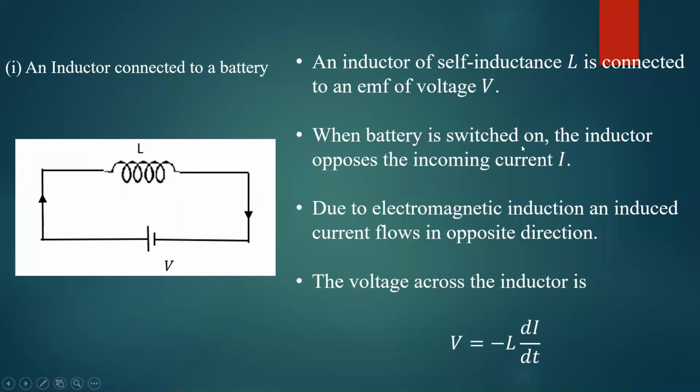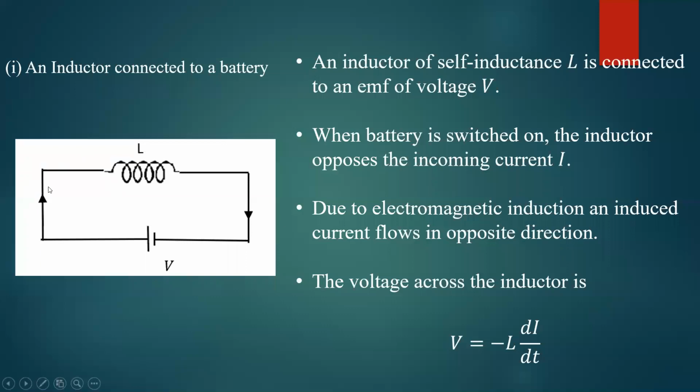So when the battery is switched on, the inductor opposes the incoming current I. So whenever you switch on the battery, due to the electromagnetic induction, what will happen? It will induce the opposite current, and that will oppose the incoming current. So due to the electromagnetic induction, an induced current flows in the opposite direction.